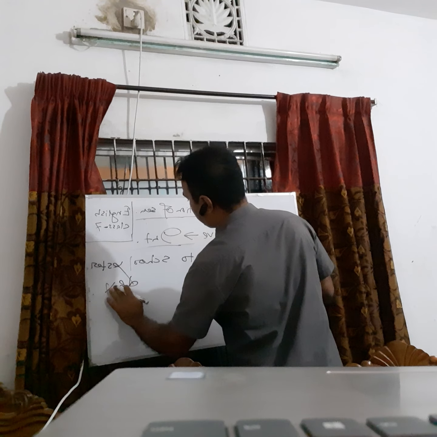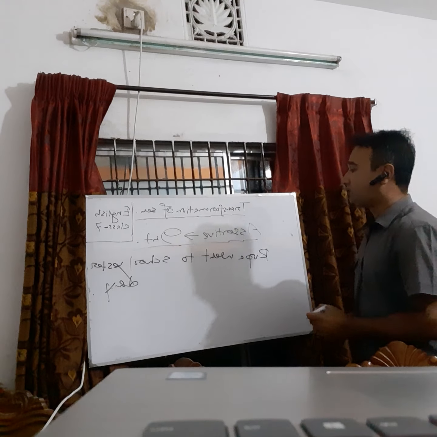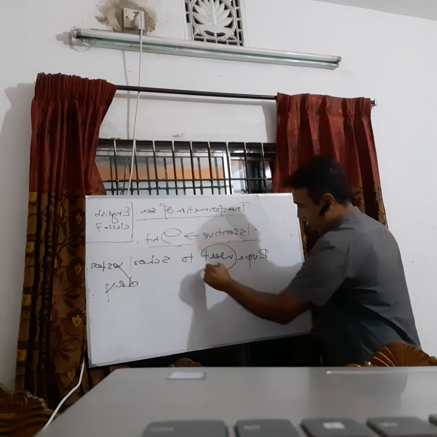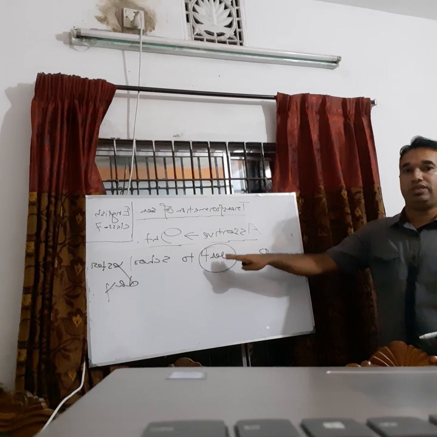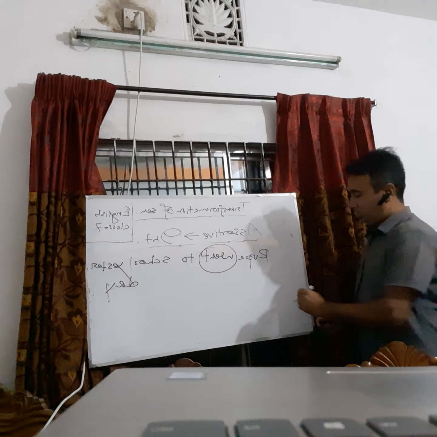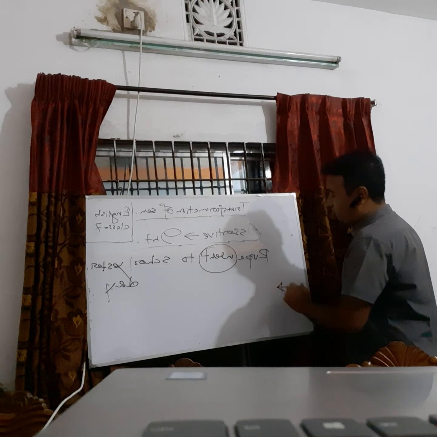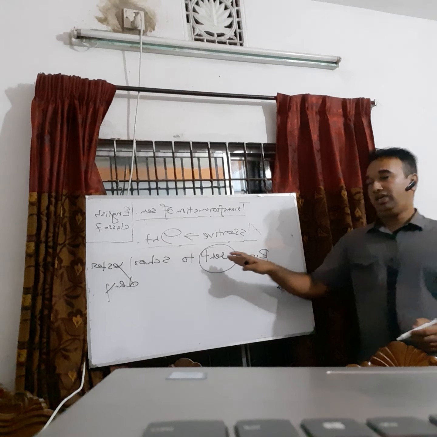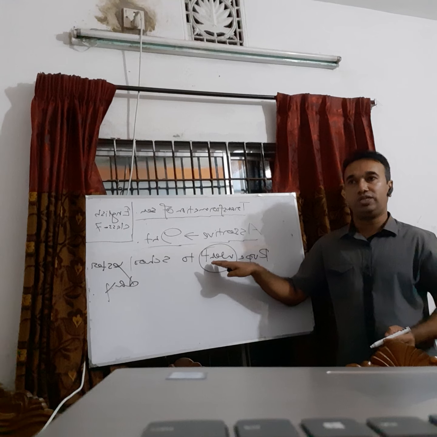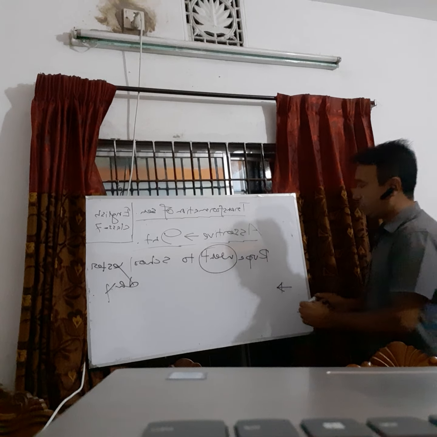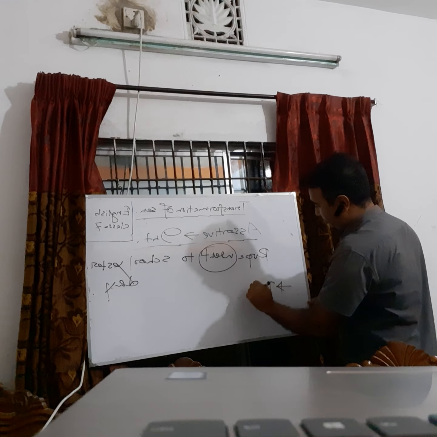Look. No auxiliary, the main verb, and it is in past form. So this time, what will you do? If the main verb is in past form, then you have to put didn't at the beginning of the sentence. So didn't.